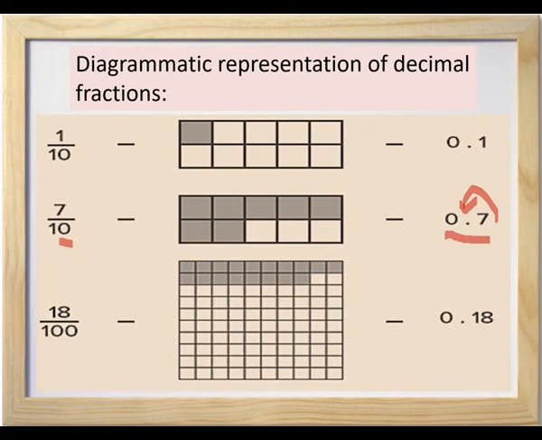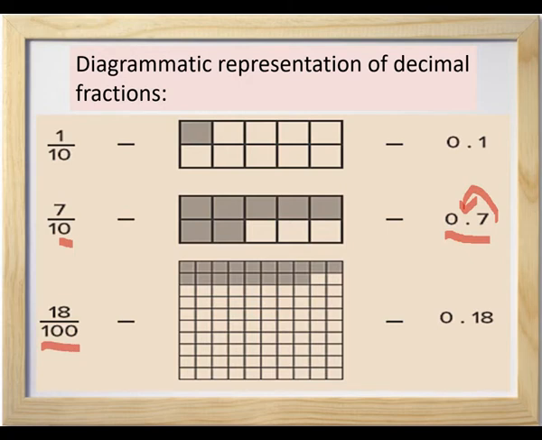Now you see the third fraction here. It is 18 by 100, and it is also a decimal fraction. 18 by 100 means 18 parts are shaded out of 100 equal parts. Now children, see how many zeros are there? In 100 there are 2 zeros here.